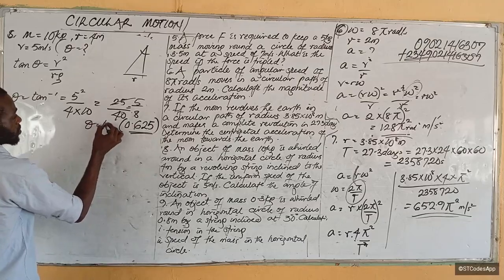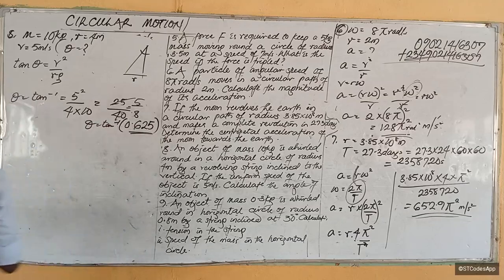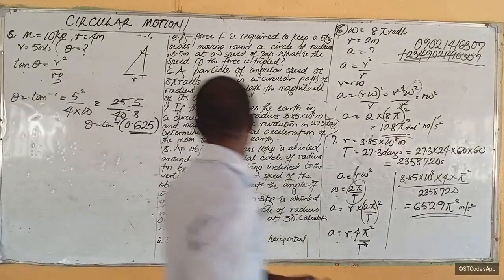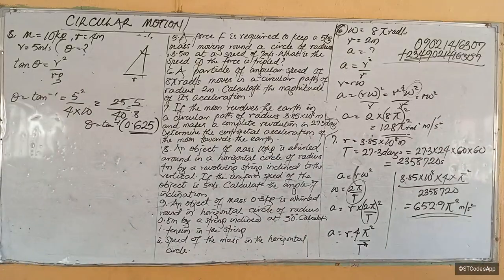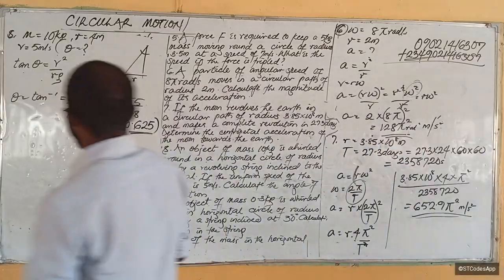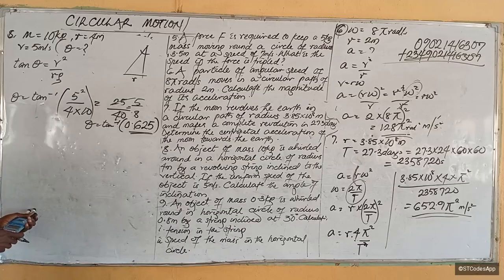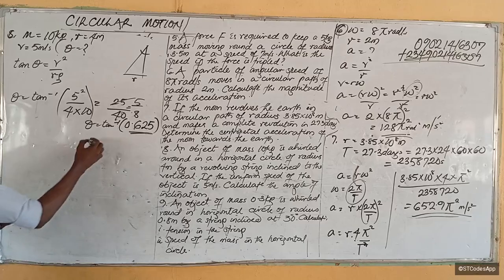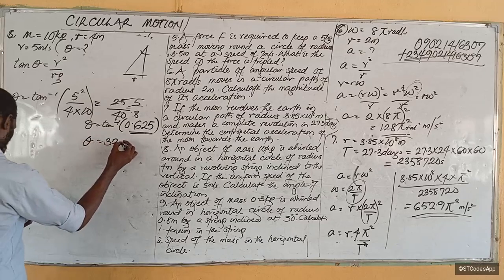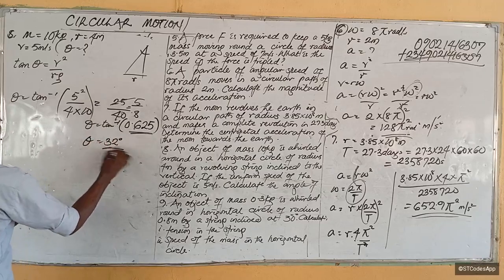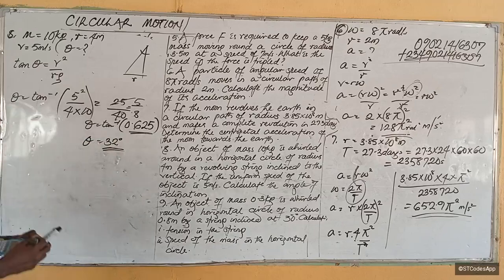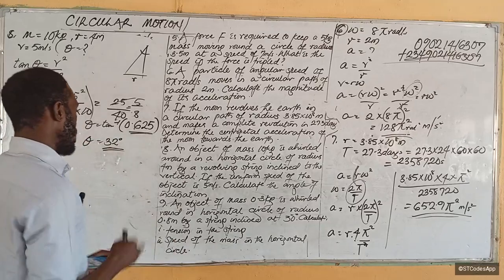Theta will be tan inverse of 0.625. Okay, I wrote nonsense here, I'm sorry. Shift tan of 0.625, theta is equal to 32 degrees. That's the answer. 32 degrees.